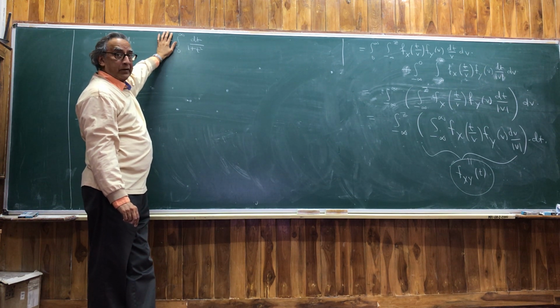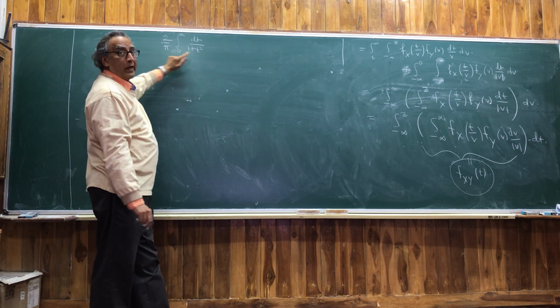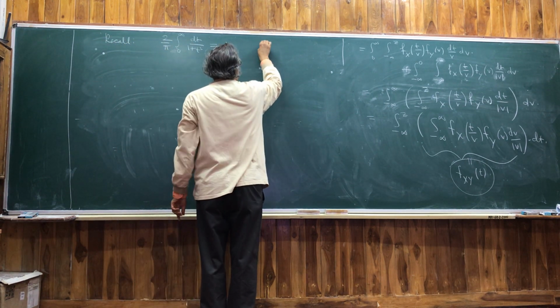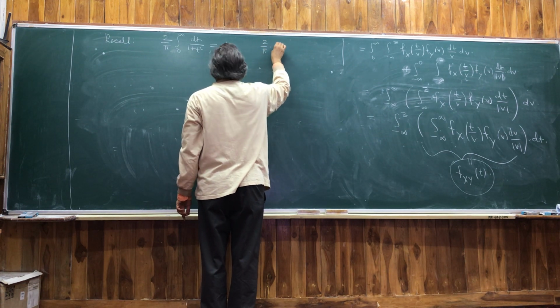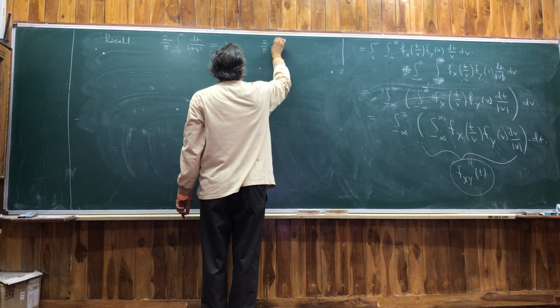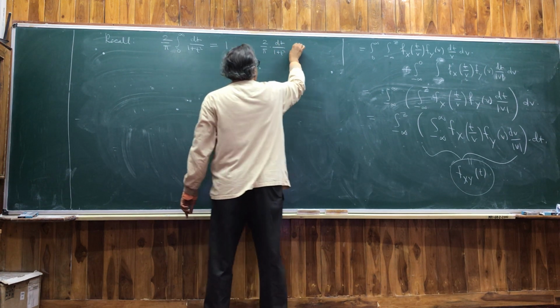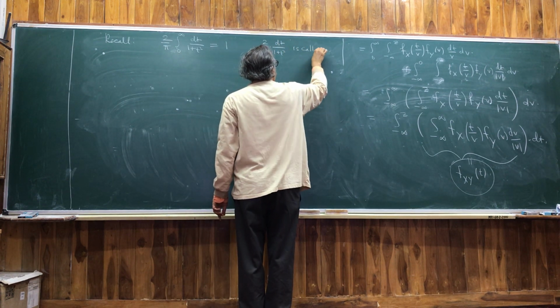Arctan infinity is pi over 2, so this is going to be 1. So, fancy name, 2 over pi dt over 1 plus t squared is called the Cauchy distribution.